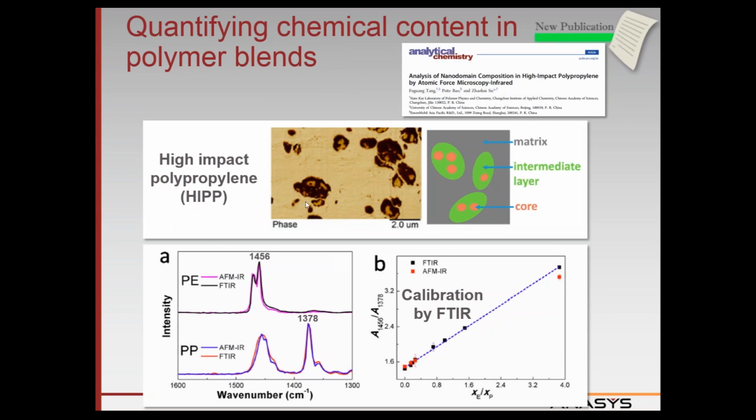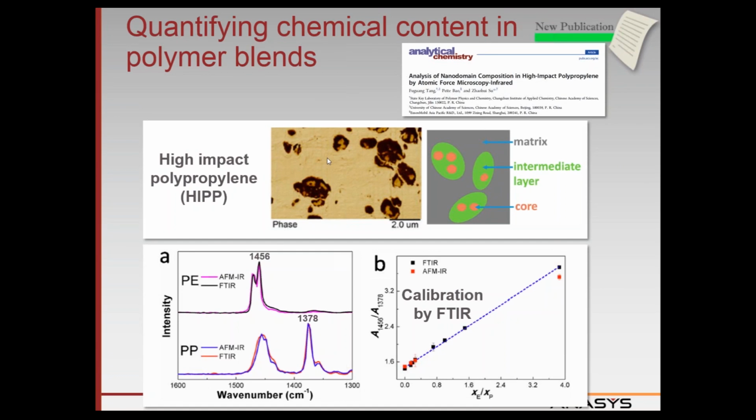So I mentioned this exciting new publication about quantifying chemical content in polymer blends with AFM-IR. So this was a paper published recently in Analytical Chemistry, a collaboration between the Changchun Institute of Applied Chemistry in China and collaborators at Exxon. And what they were looking at was a polymer blend of high-impact polypropylene. And you can see an AFM phase image of this sample in the left here.